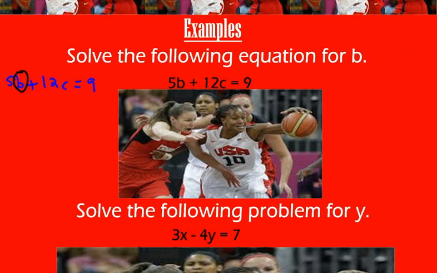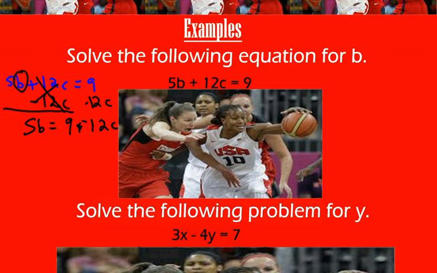So let's look for addition or subtraction. There is this plus 12c, which has nothing to do with the b, so we're going to get rid of that first. And this is where it might look kind of weird, but we're going to subtract 12c from here to get rid of that right there. But then we have to do this to the right side as well. Minus 12c. So the left side is simply going to be 5b. On the right side, technically it's 9 minus 12c, and we're going to change that to plus a negative 12c.